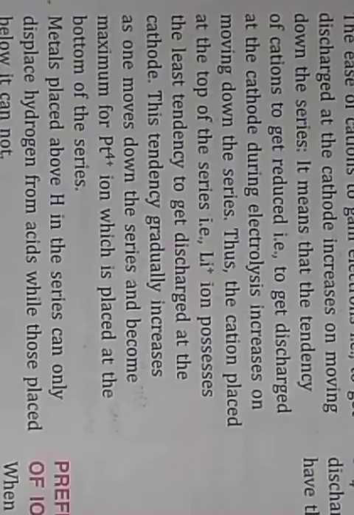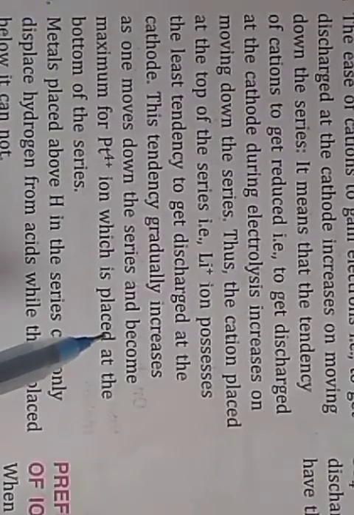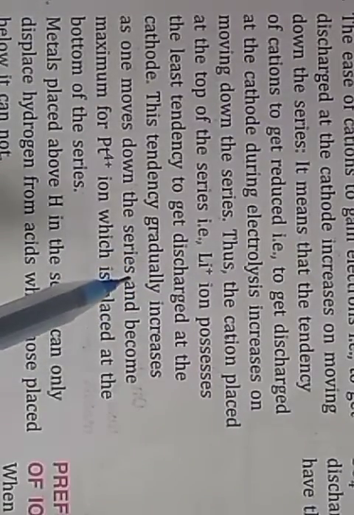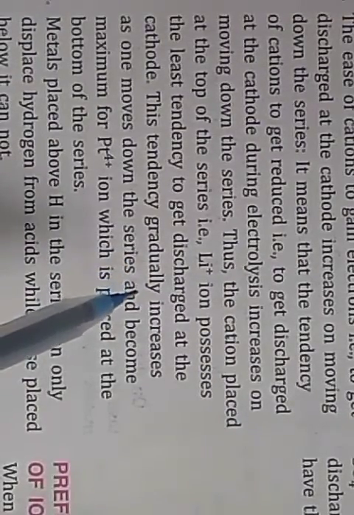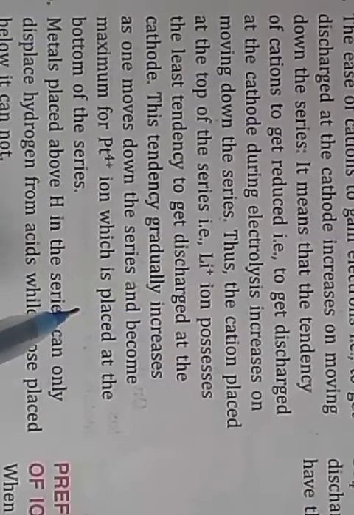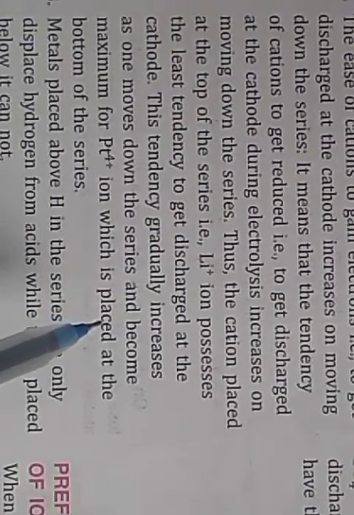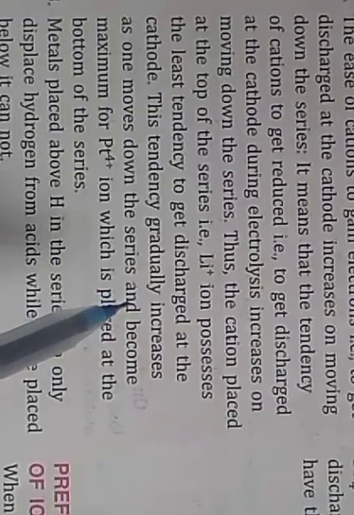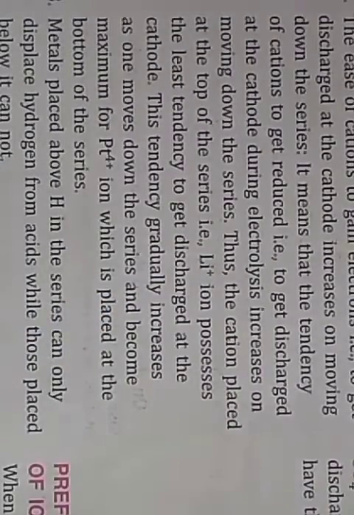The metals placed at the top of the series have the least tendency to get discharged at the cathode, but the metals placed at the bottom of the series have more tendency to get discharged at the cathode.